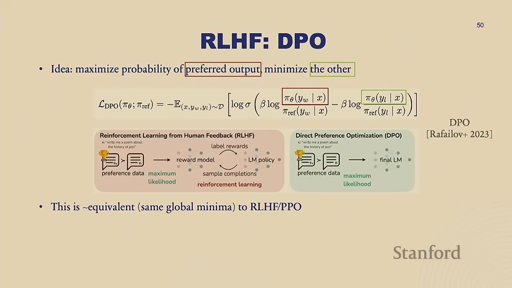So this is the right thing to do mathematically. I'm not going to go through the derivations, but that's the right thing to do. It's pretty different from PPO in the sense that with PPO what you had to do is collect the human preferences, then train a reward model with maximum likelihood, then use reinforcement learning. Now all you do is basically maximum likelihood.